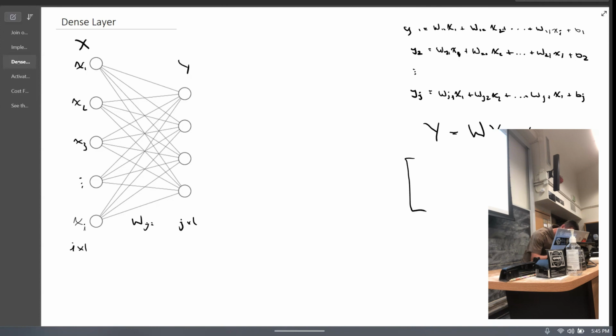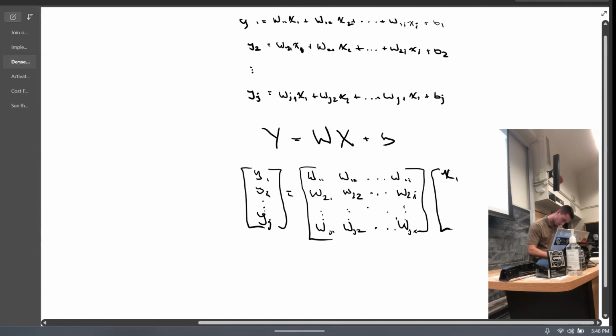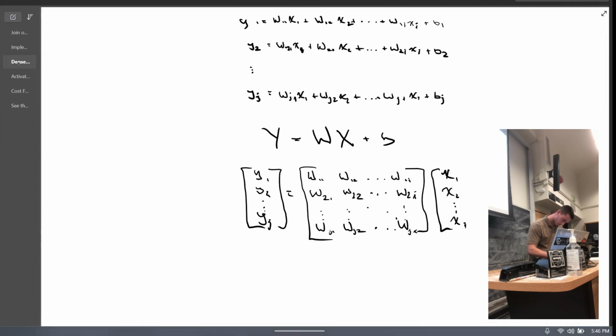It looks like y1, y2, yj equals the weight matrix W, starting with W11, times the input vector, plus our bias vector.